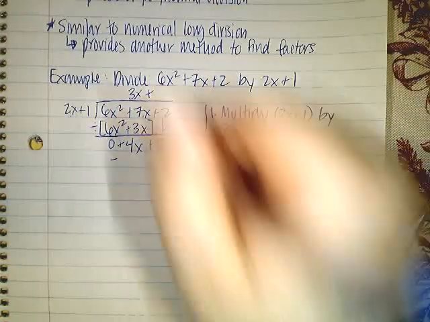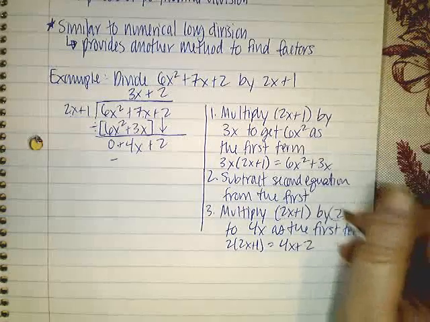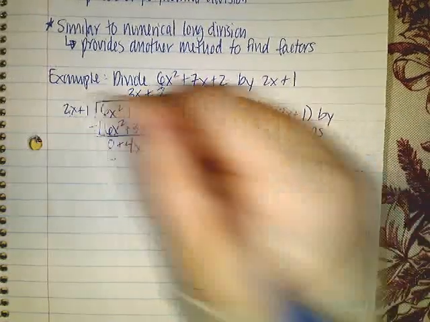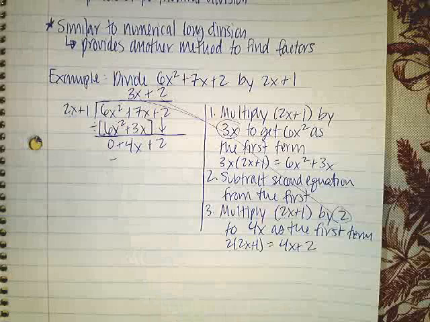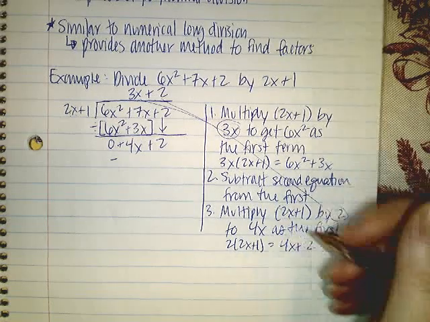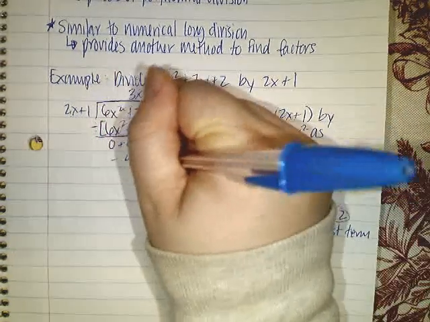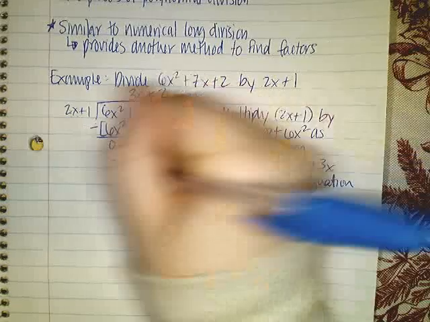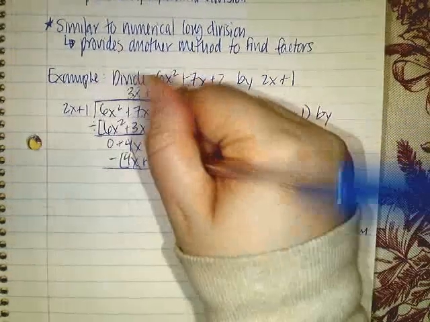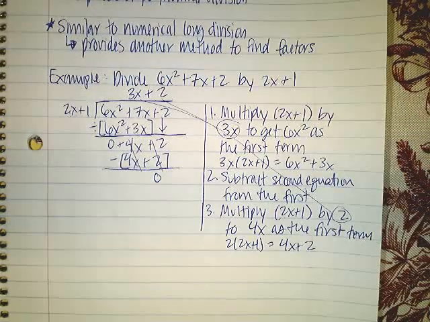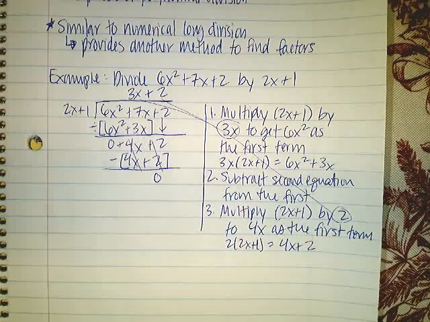Now I'm going to subtract, sorry, I put the plus 2 up here. So again, these terms end up up there, and then I have 4x plus 2 being subtracted, the whole thing. Those cancel, I'm left with nothing. So this is indeed a factor.